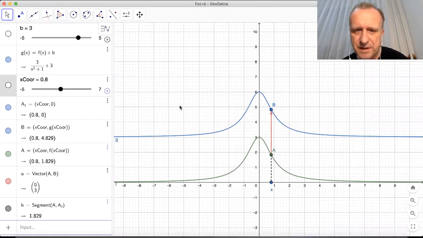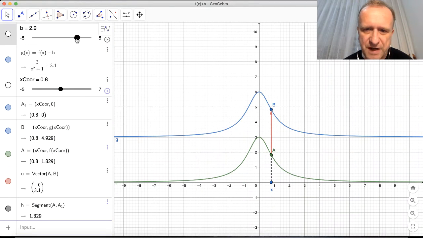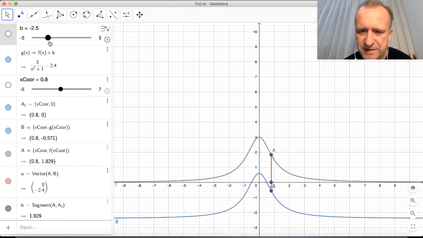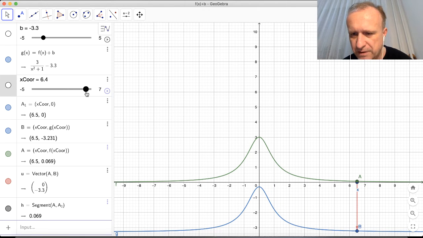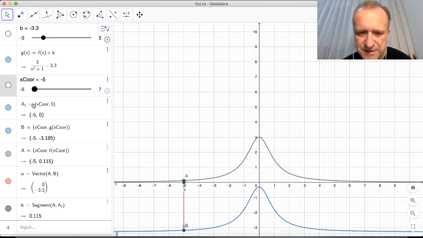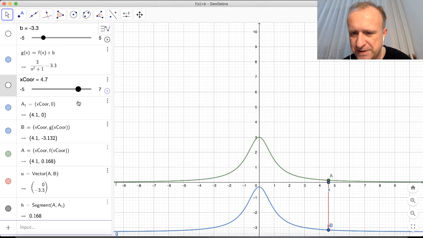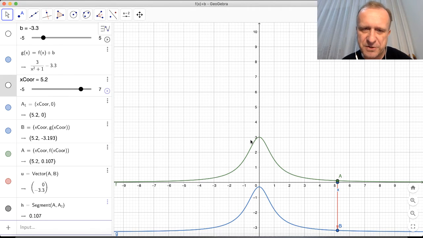We can see it here on the graph. When we change the value of b, for example, to negative values like this, then when we move the point x along the x-axis, it leads to points A and B tracing out these curves. The green curve is always the same, it's the function that we started with, but the new curve is different.